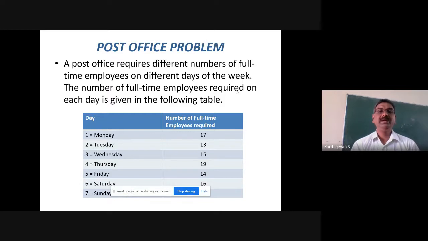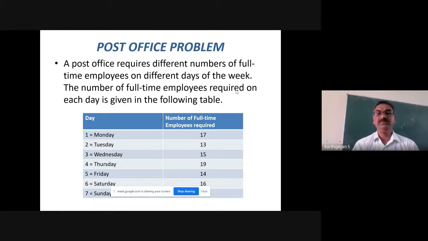Apart from that, in hospitals, nurses and doctors work 24 by 7. Whenever you want to schedule human resources, this example will be very applicable in human resource management, or HRM. So a post office requires different numbers of full-time employees on different days of the week.